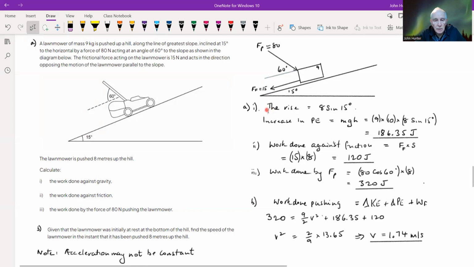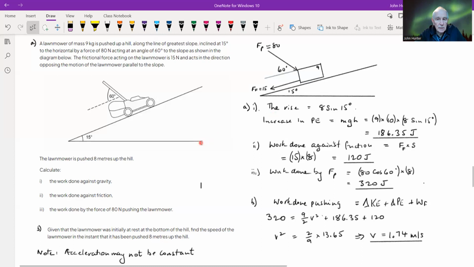Right, okay. First thing we need to ascertain is the rise. This is the vertical height. So for 8 meters along here, how much are we going up? Well, of course, this height over the 8 meters equals sine 15. So the rise is basically 8 times sine 15.